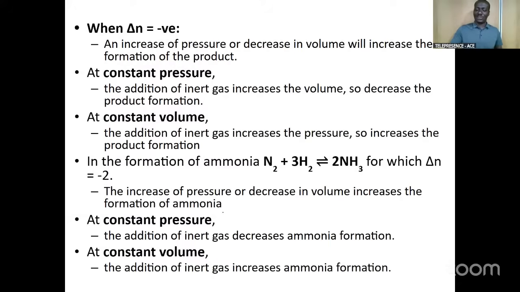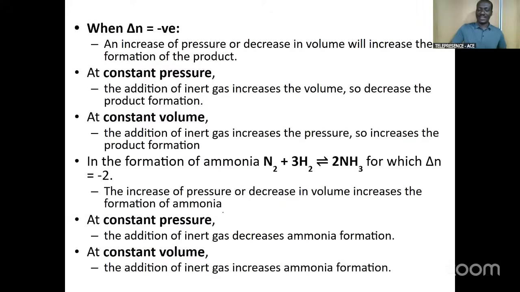So if you're an industrialist, or after you have graduated from the university you want to be an industrialist producing ammonia as a feedstock for fertilizer production, or you are lucky to get a job at Dangote Fertilizer, where urea and the likes are being produced.